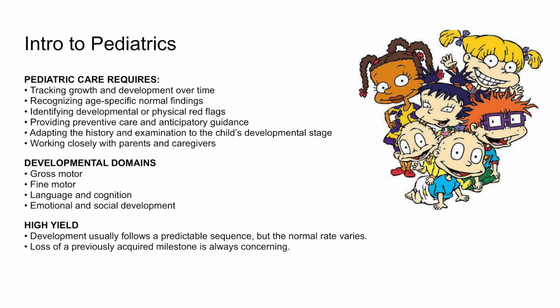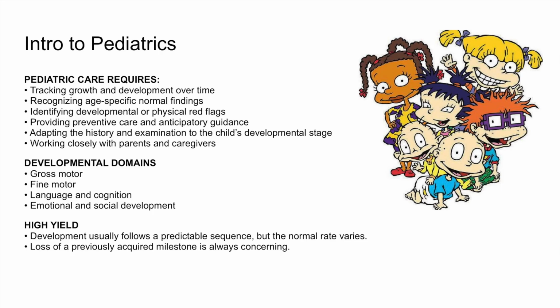Development is commonly organized into gross motor, fine motor, language and cognitive, and social emotional domains. These domains progress together, but not always at identical rates. The clinician must also adjust the history and examination to the child's developmental level. Information may come from both the patient and caregiver, while play, observation, and age-appropriate language may be more informative than a standard adult interview.